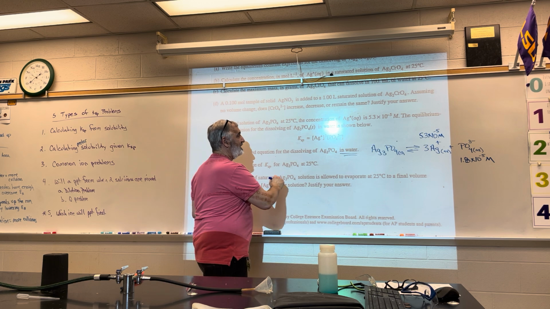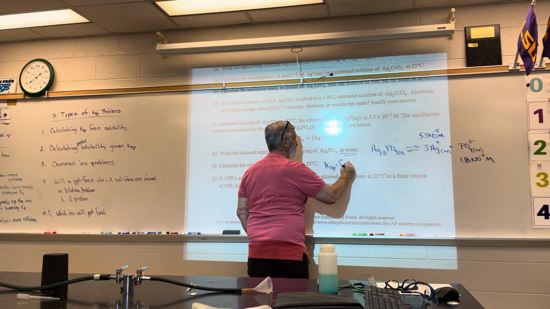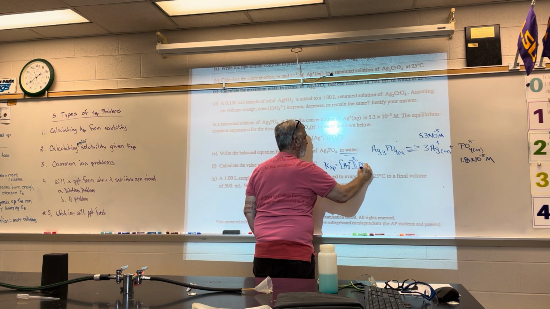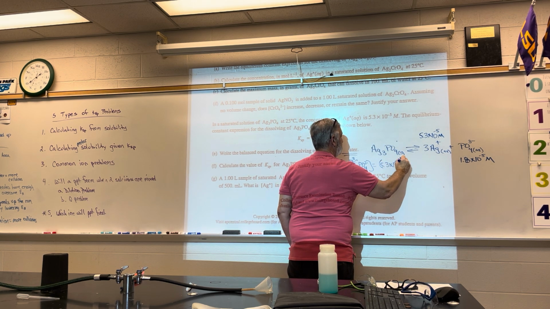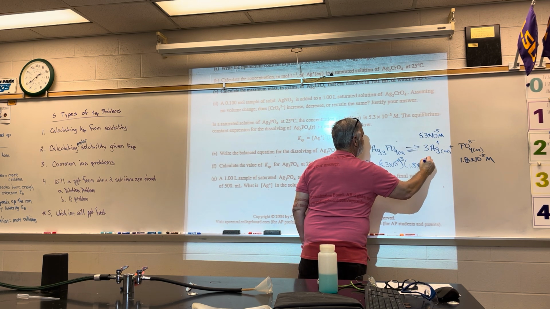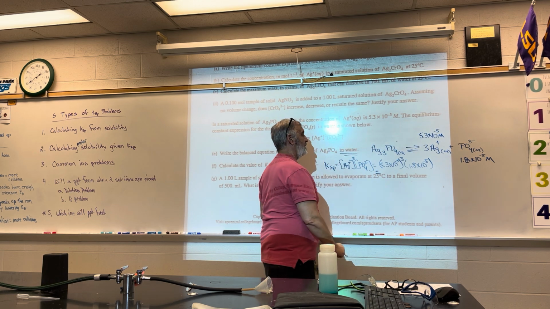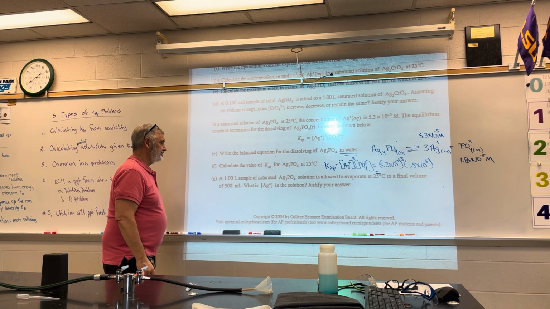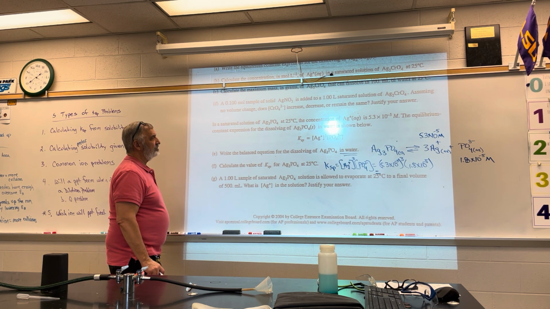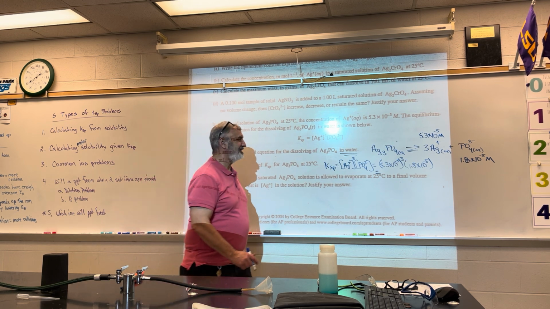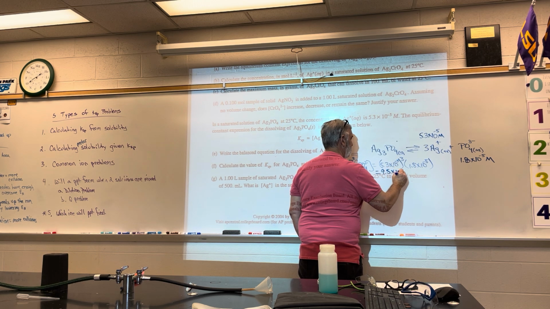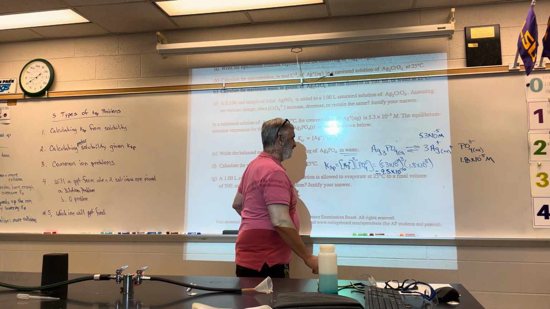So now I can calculate my KSP, because KSP is going to equal silver ion concentration cubed times my phosphate concentration, which is 5.3 times 10 to the minus 5 cubed times 1.8 times 10 to the minus 5. Anyone?